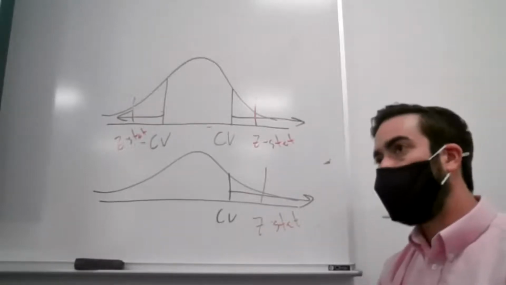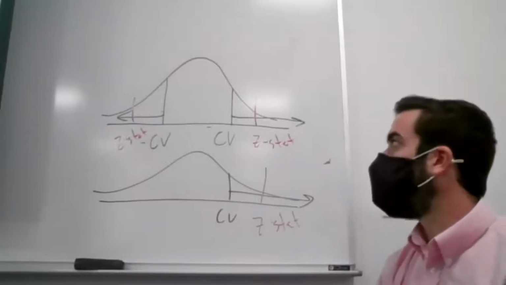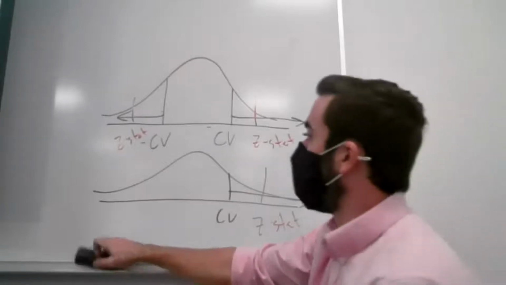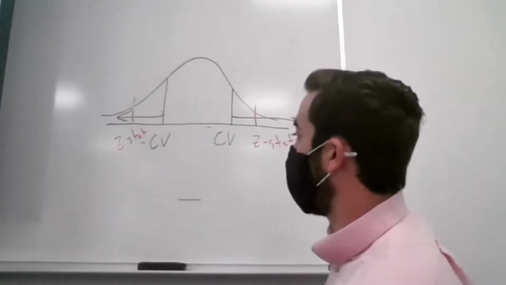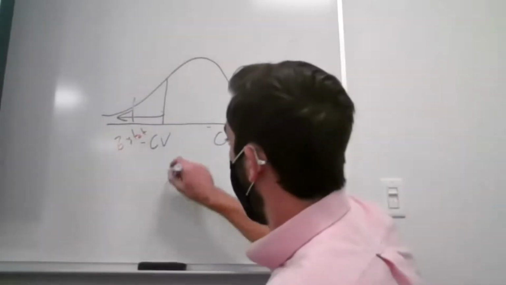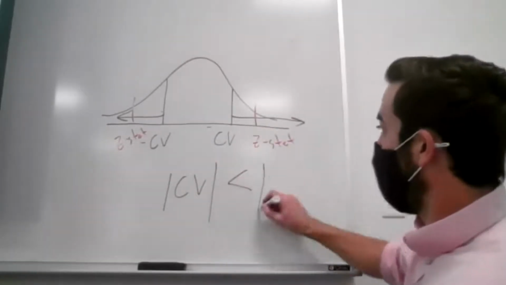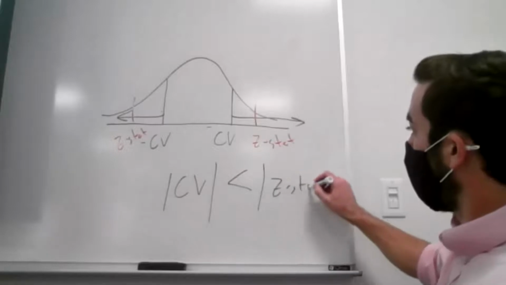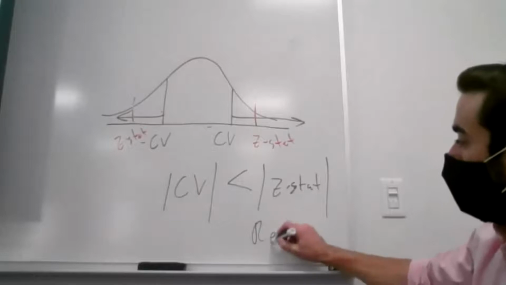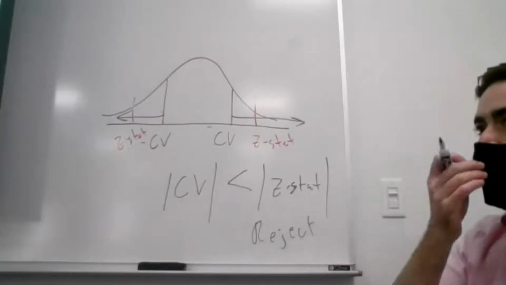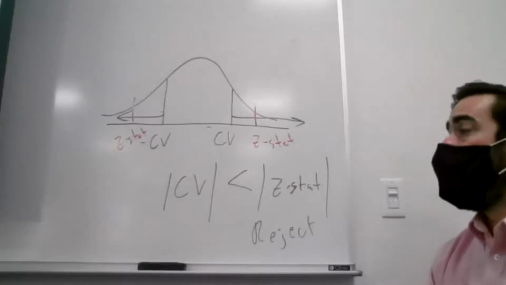So one easy way around this is, no matter if we have a left-tailed, right-tailed, or two-tailed test, we're going to say that if the absolute value of my critical value is less than the absolute value of my test statistic, that's when I reject. And that covers the bases mathematically for each one of these scenarios.